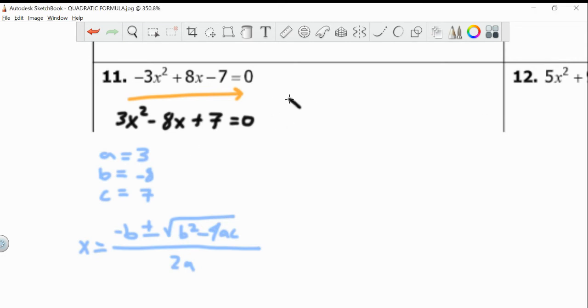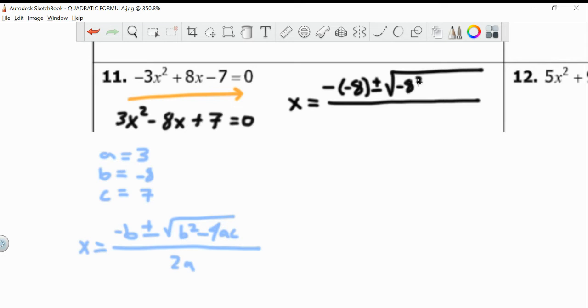Okay, so x equals negative b, which is a negative 8, plus or minus square root of b squared, which is negative 8 squared. I want the parentheses around that. Minus 4 times a, which is 3, times c, which is 7. All divided by 2a, which is 3.